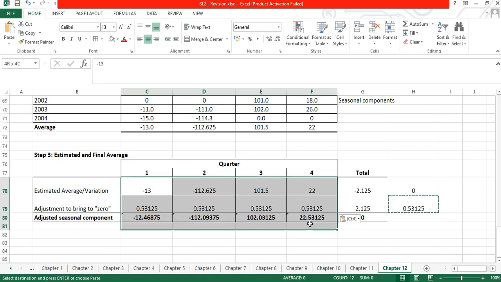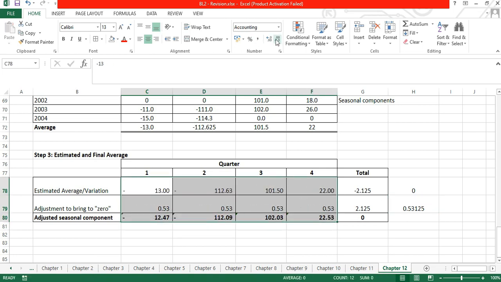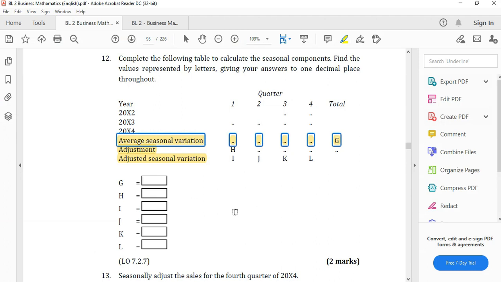And what will be your final answer? The adjusted seasonal components will be minus 12.47 for quarter 1, minus 112.09 for quarter 2, plus 102.03 for quarter 3, and plus 22.53 for quarter 4. This will be the answer for question 12.